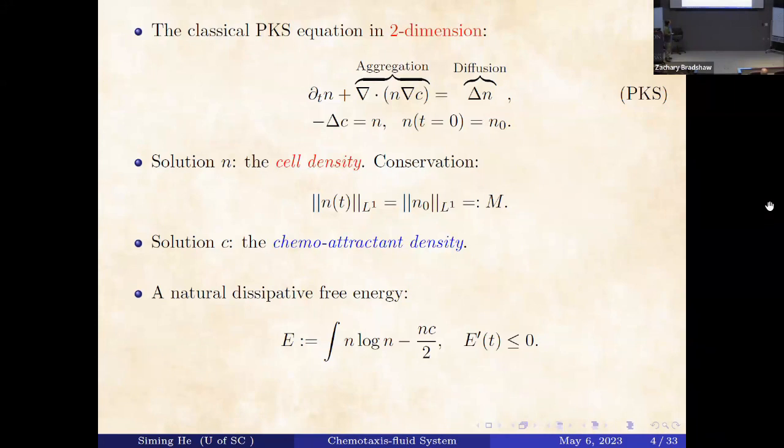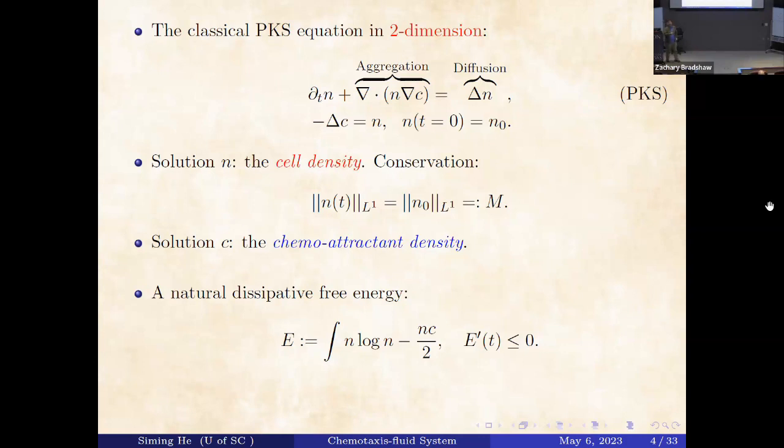There are certain rules in this equation. The first rule is that the total cell population is preserved, because you can integrate on both sides, and thanks to the divergence structure of the equation, the total cell population will be preserved. Another rule is that there's actually a dissipative free energy in this equation.